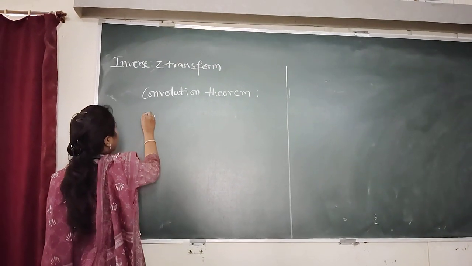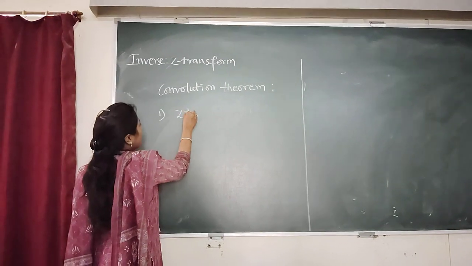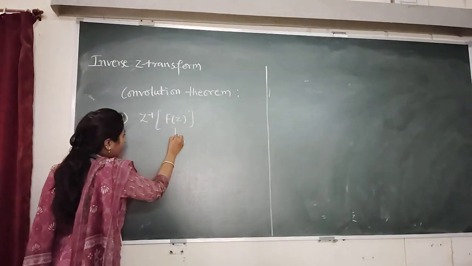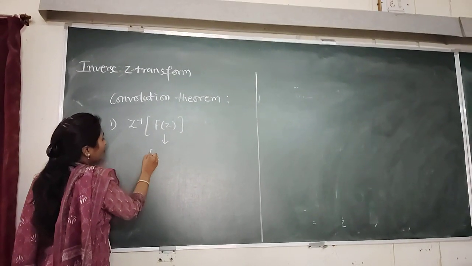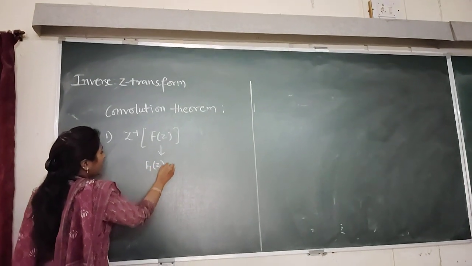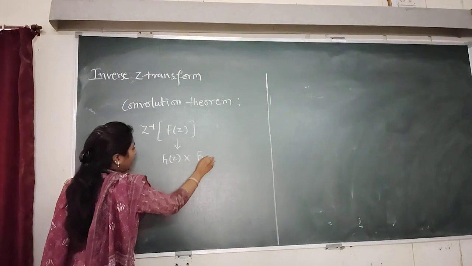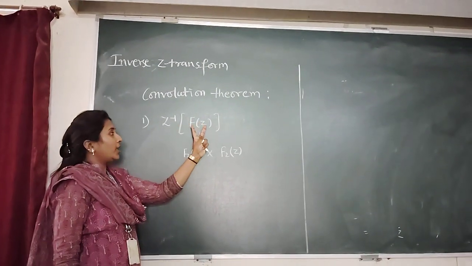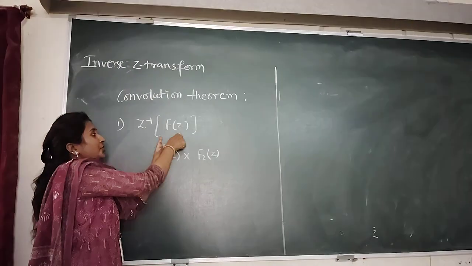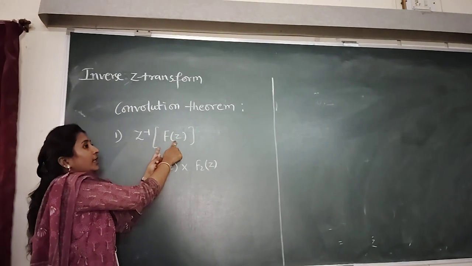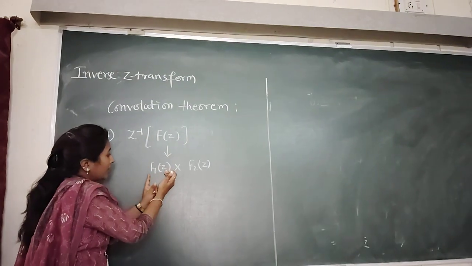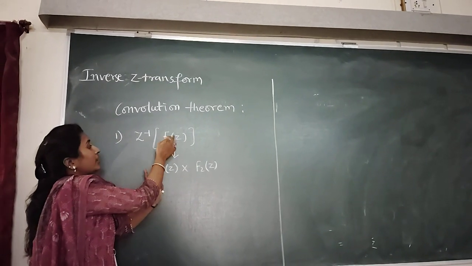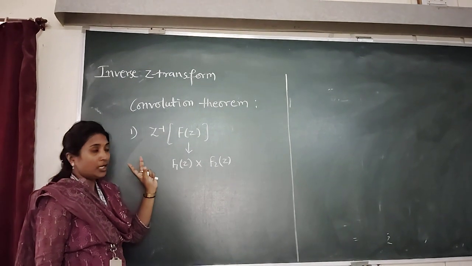So, first step is, if we have to find Z inverse of F(z), then convert F(z) into functions F1(z) and F2(z). It means, whatever function we have in terms of z, just break it into parts, and when we multiply both the parts we have to get the value of F(z) again.